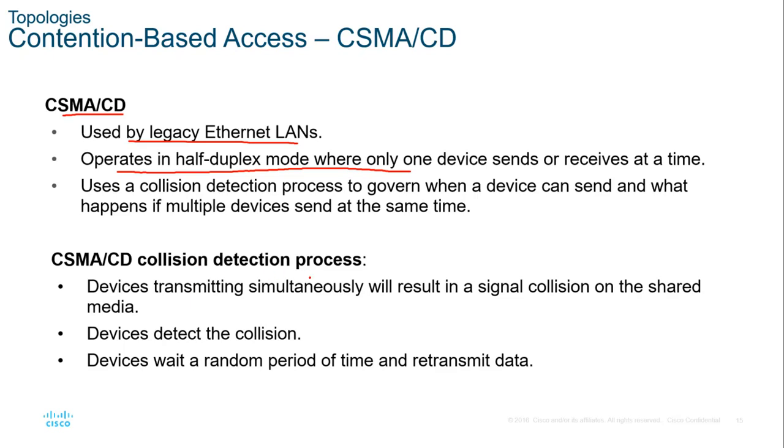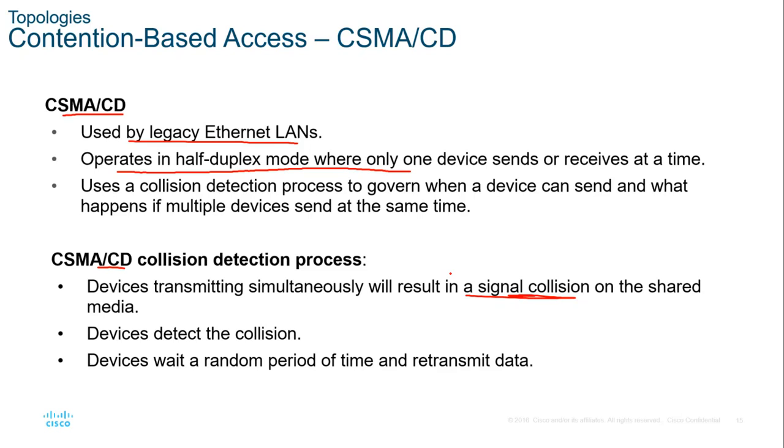So with the collision detection process, devices transmitting simultaneously will result in a signal collision. Once devices send simultaneously in carrier sense multiple access collision detection, we expect a signal collision on the shared media.